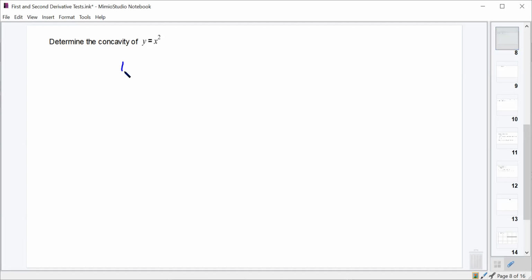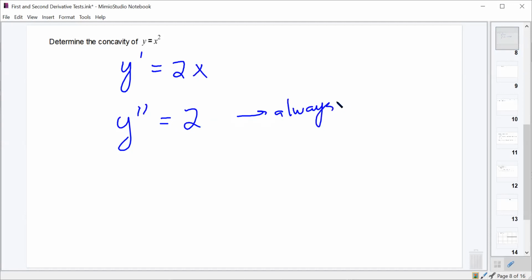So if we were to take the derivatives, we should see that the second derivative is always positive. We don't care about the first derivative other than that we need it to get to the second derivative. Our second derivative is 2, no matter what x value I plug in. 2 is still always positive, and if the second derivative is always positive, that tells us this function is always concave up.